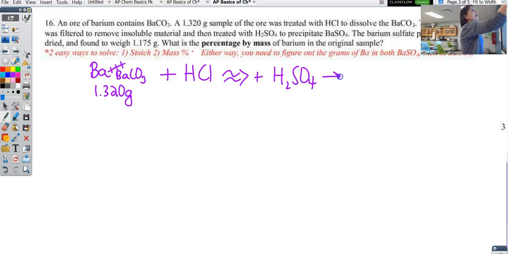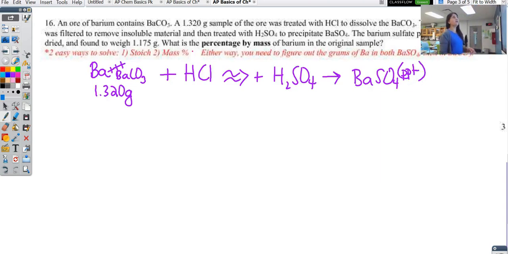So it looks like BaSO4 is one of my products, and they specifically say that this barium sulfate is a precipitate. The barium sulfate precipitate was filtered, dried, and then found to weigh 1.175 grams.